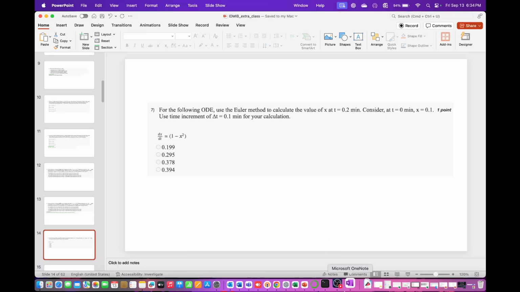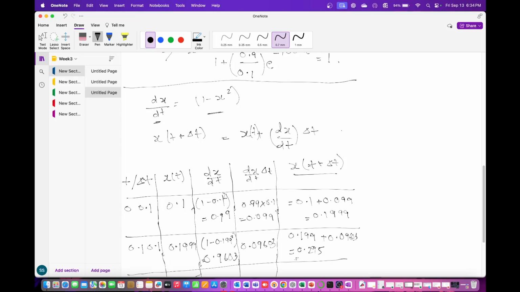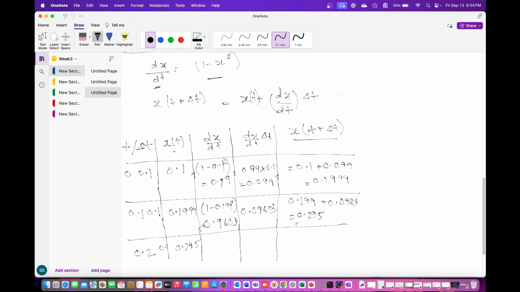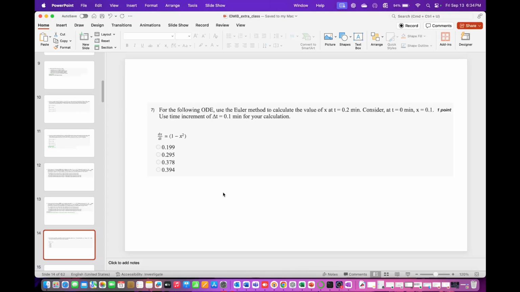I hope you are okay with the method as well. It's simple. You just need to calculate each and every expression and put it in the next step. So the answer is option 2.